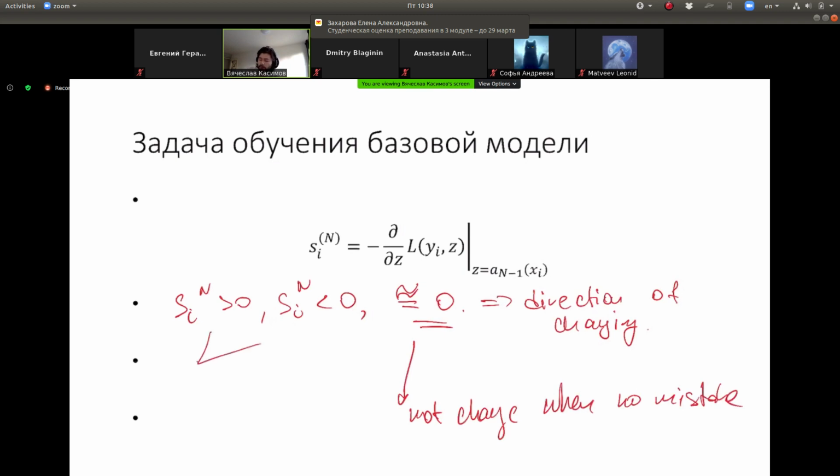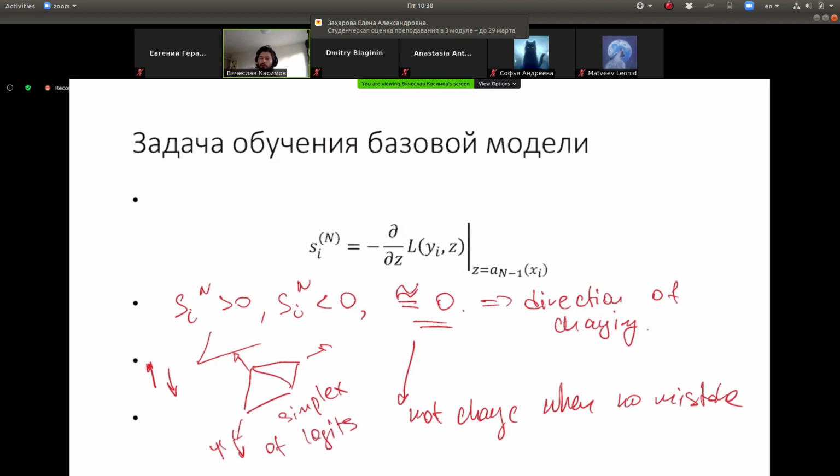And how to change? If it's regression, it's easy. It's really shifting the vectors of our prediction. If it's more sophisticated, for example for three classes we have a simplex, and we work in the space of logits.